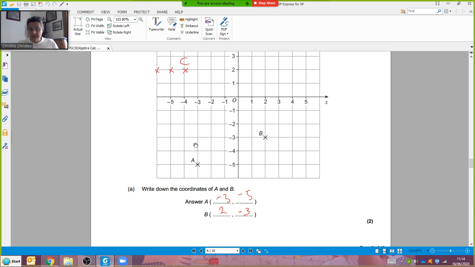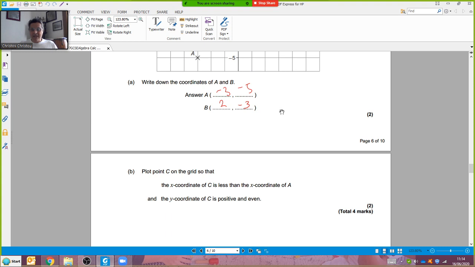Not to the right, because -2 is not smaller than -3. It's bigger than -3. It's becoming more and more and more positive as you go to the right. So I'm looking for a coordinate that's got an x value of less than -3 and the y coordinate has got to be positive and it's got to be even, right? So I'm looking at less than -3 and vertically positive upwards and even.